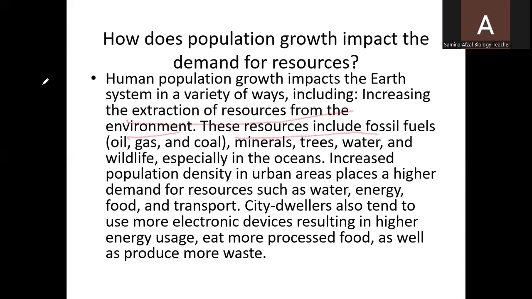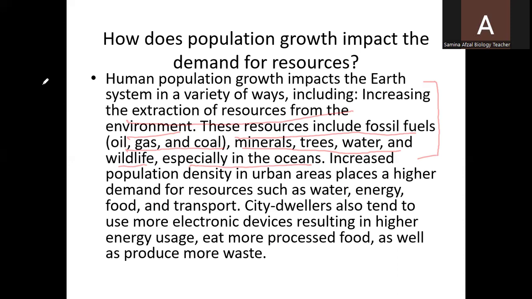These resources include fossil fuels, oil, gas, coal, minerals, trees, water, and wildlife, especially in the oceans. So all these resources are demanded by the population if it is growing, if it is increasing in number.